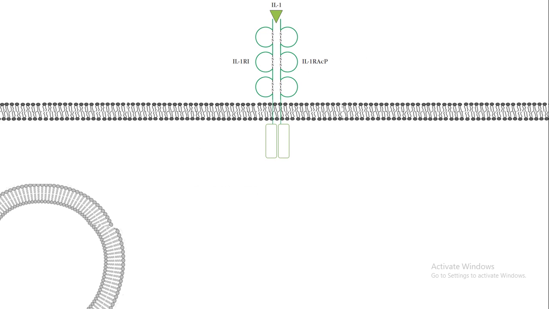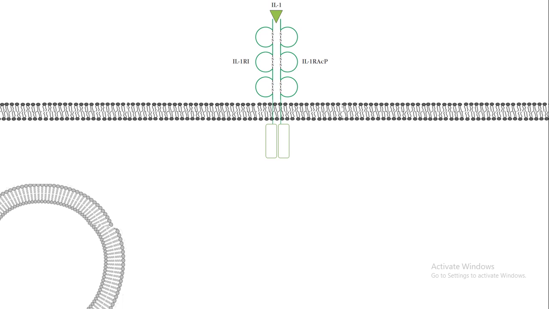IL-1 binds to its IL-1 receptor. The IL-1 receptor is a heterodimer consisting of IL receptor 1 and IL receptor ACP. Now all of these circular domains that you see are actually Ig folds. So this receptor belongs to a broad family known as the Ig superfamily, the same family as antibodies.